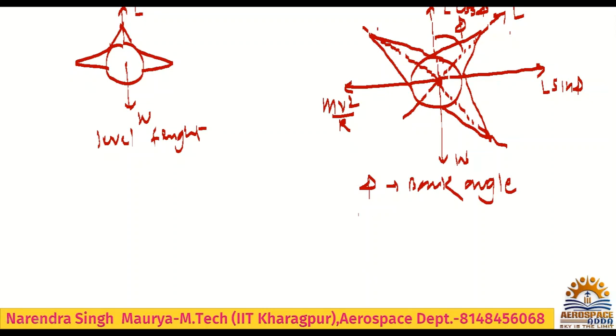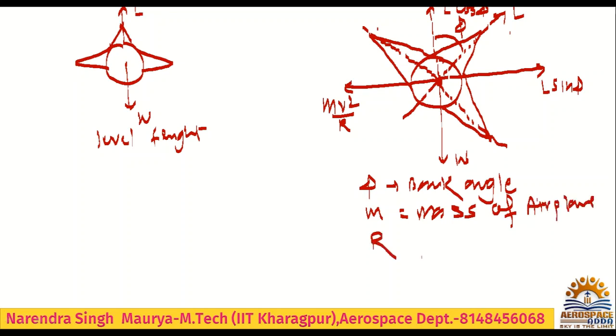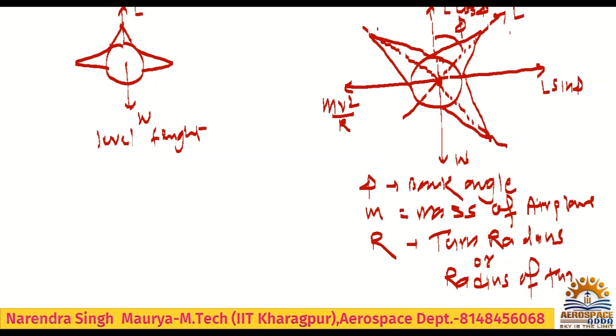I will write here: phi is nothing but bank angle, m is mass of airplane, r is turn radius or radius of turn.